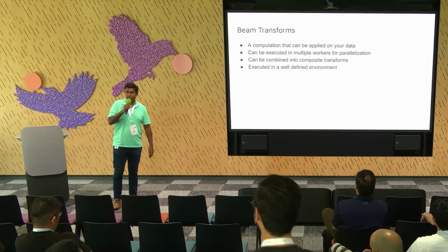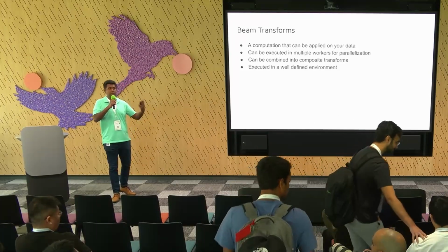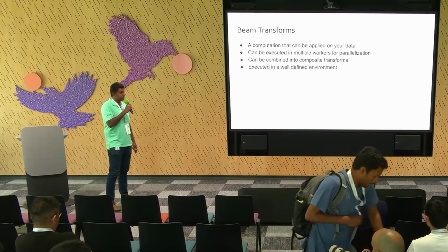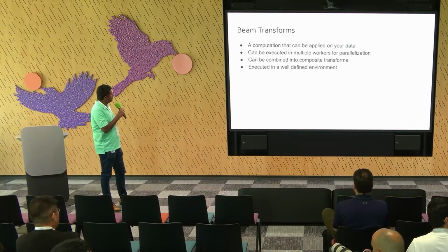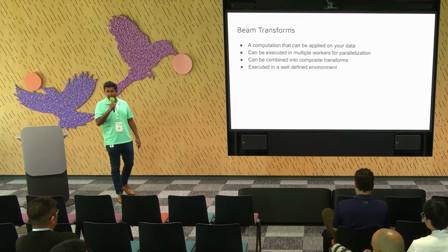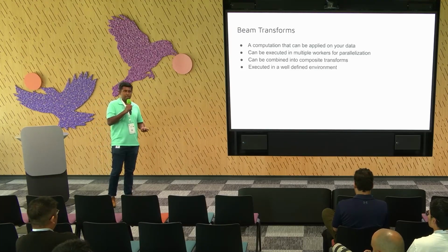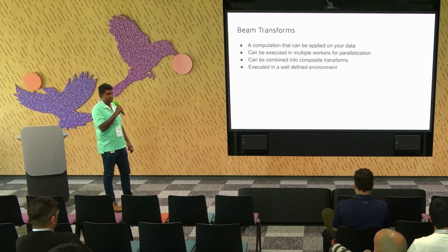Also, Beam transforms are composable, meaning that you can take transforms, put them together, build more composite transforms, and keep doing that. Beam transforms are executed in well-defined environments. For example, an environment could be a Docker container that has your Beam SDK installed in it.